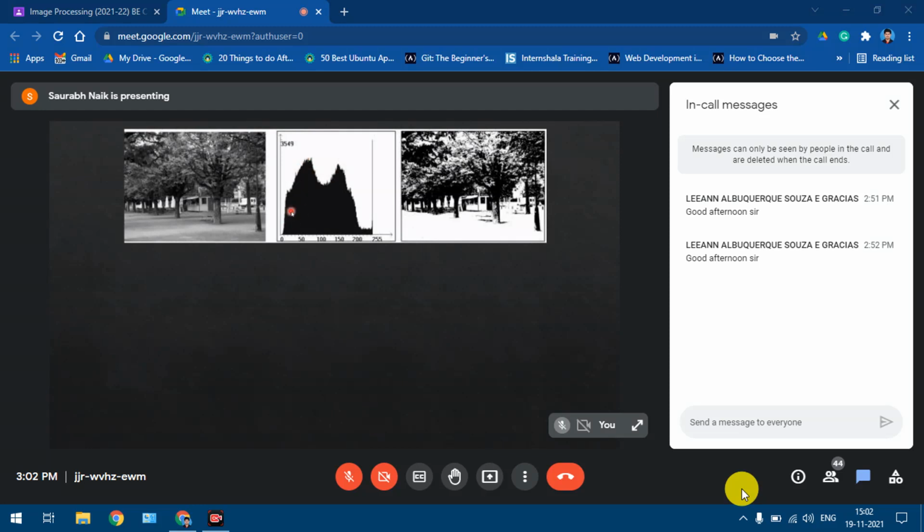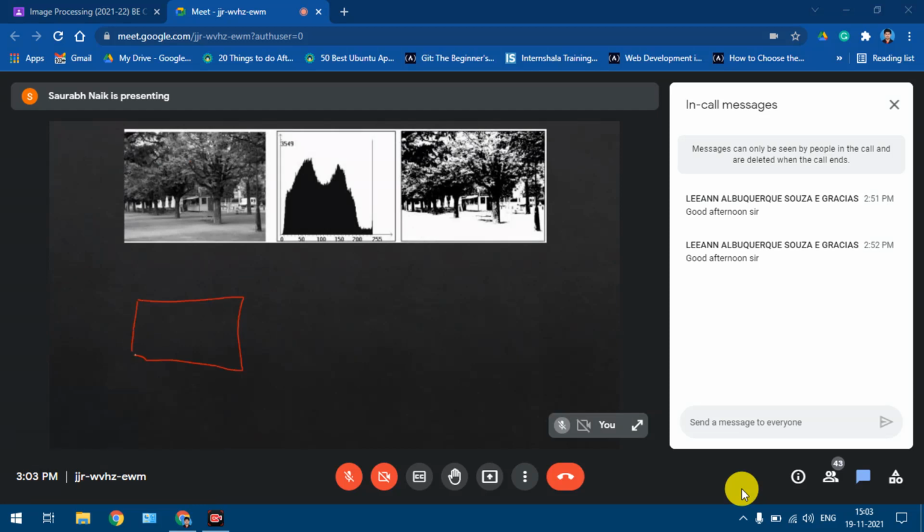Now, the problem with this approach is that not all images may have a valley between two peaks in the histogram itself. So what we do is we use adaptive thresholding, or adaptive threshold segmentation, wherein we divide the entire image into parts, sub images whose size will depend on the application.